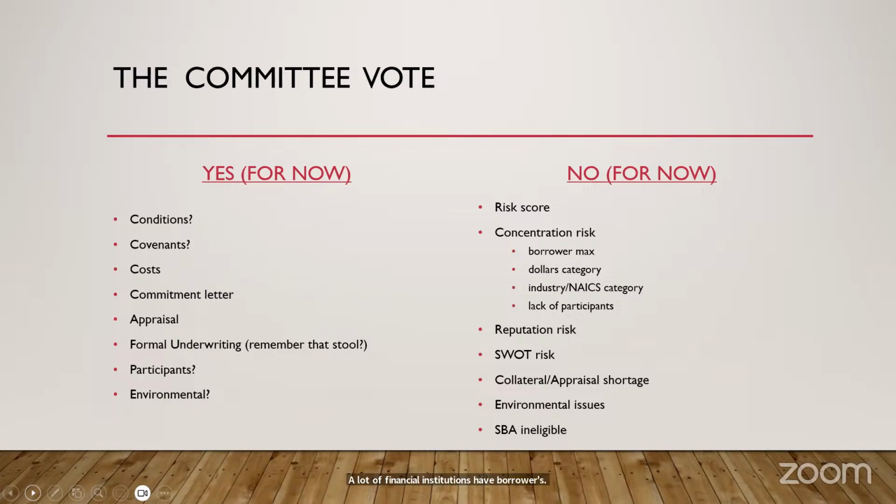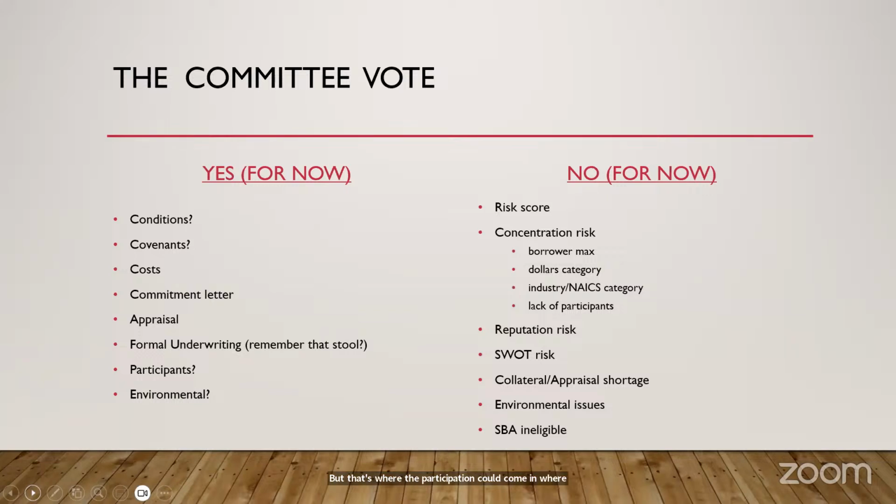So if they exceed that amount, then we may not be able to proceed because of the concentration risk. I know we discussed earlier the dollars category, having too much in the specific bucket as well. The industry and NAICS category we discussed again, but that's where the participation could come in, where another financial institution could take part of that loan dollars.